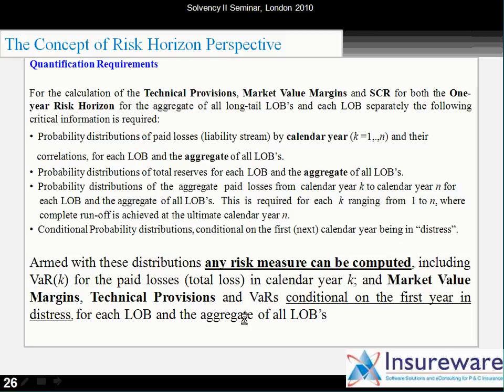Now, what are the tools we need? What kind of information do we need to conduct these calculations, these Solvency II metrics? So for the calculation of technical provisions, market value margin, SCR, we need the probability distributions of paid losses liability stream by calendar year and their correlations for each line of business and the aggregate of LRBs.